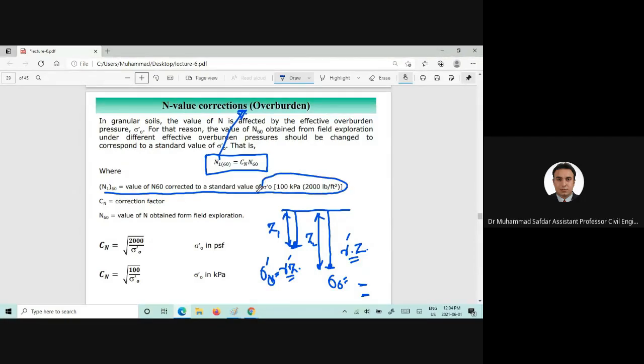So you will use the Cn factor here. You can use this one if you are solving the problem in kilopascal or SI units. If you are using the foot-pound-second system, you can use this equation to find the corrected N160 value.